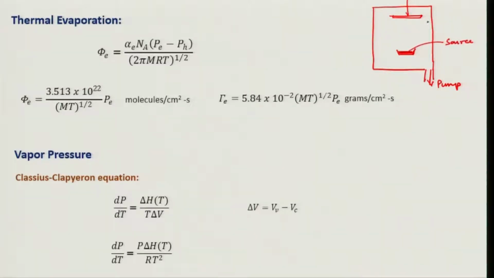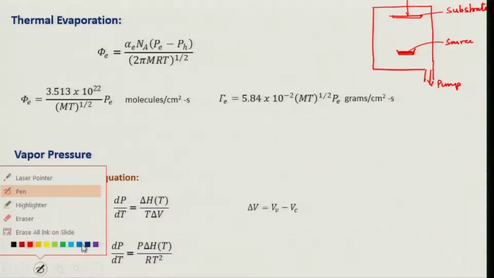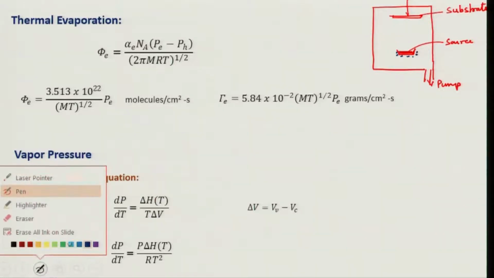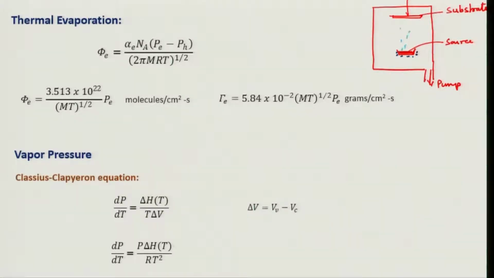So, this is source, substrate or surface where I want to deposit, and I have some kind of heating mechanism, maybe heating coils, maybe electron beam to heat this source such that the vapors of this material are created and they go and get deposited at the substrate. So, this is in a very nutshell the thermal evaporation process.